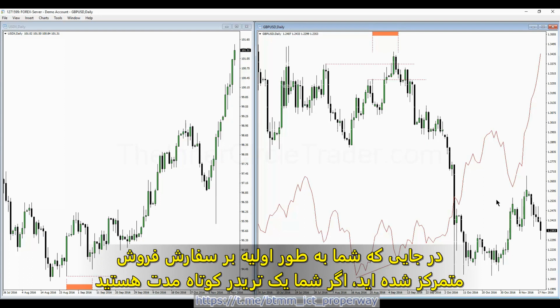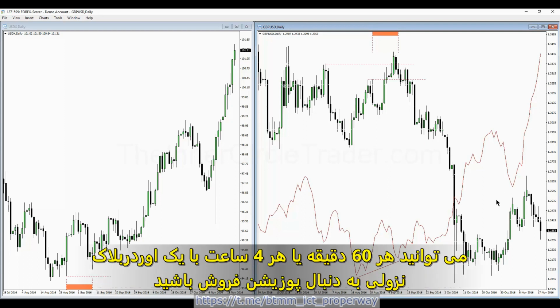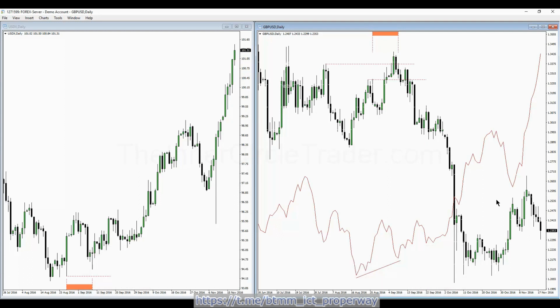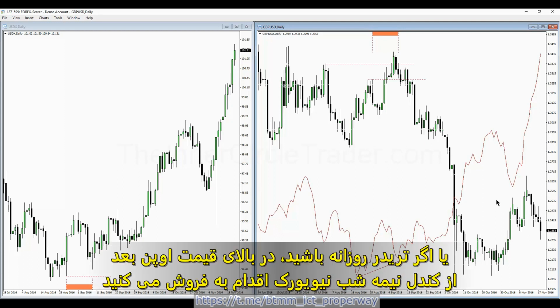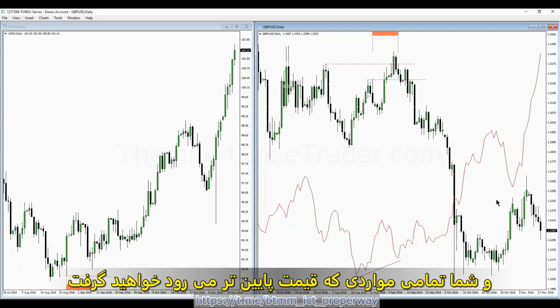That means if you are a short-term trader, you could be looking to sell short at every 60-minute or 4-hour bearish order block. Or you could be a day trader selling it above the opening price, above the midnight candle in New York. And you just capture all those types of moves going lower.